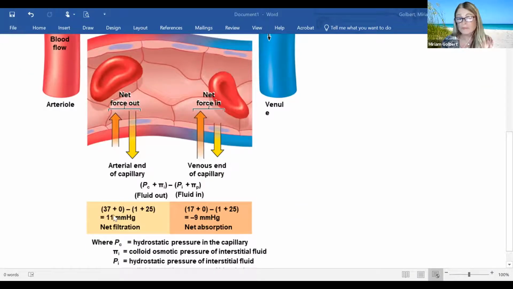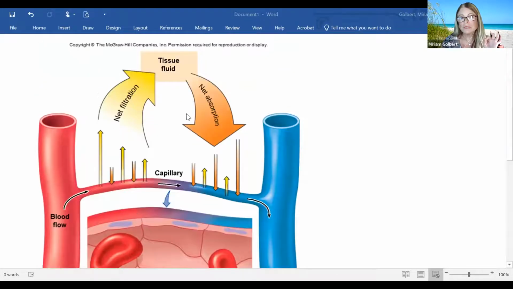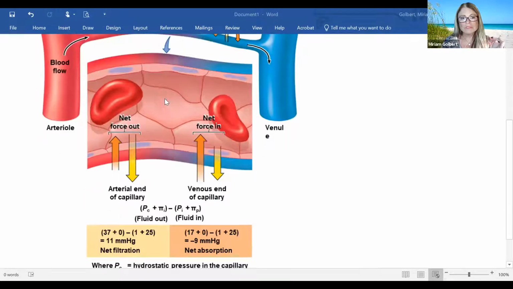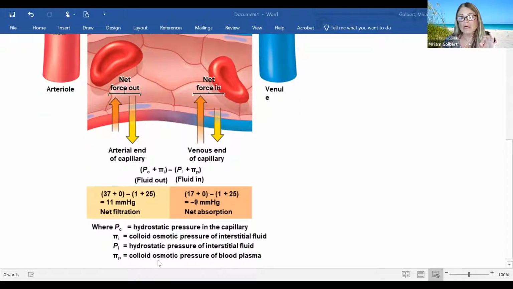Should be 0. So we have 37 plus 0 minus this PI, which is your hydrostatic pressure in the interstitial fluid. Now, do we have to have a lot of fluid here in between the cells? No, it should always be minimal. So that's why it is 1, okay? Plus the 25, which is the oncotic or osmotic pressure of the blood plasma.